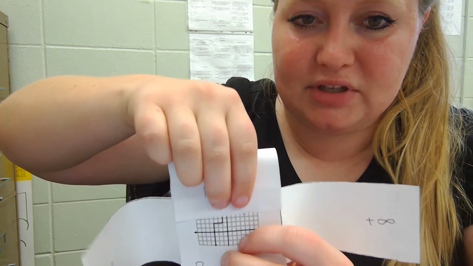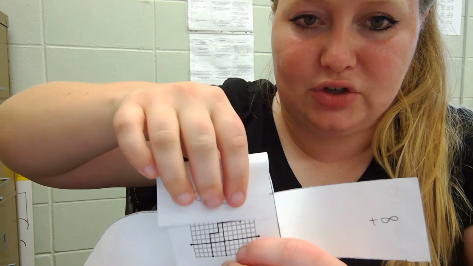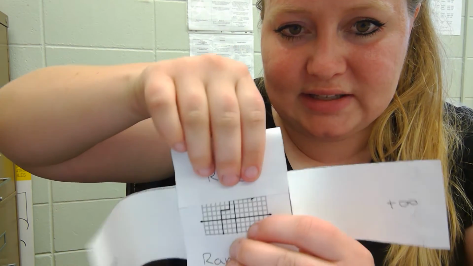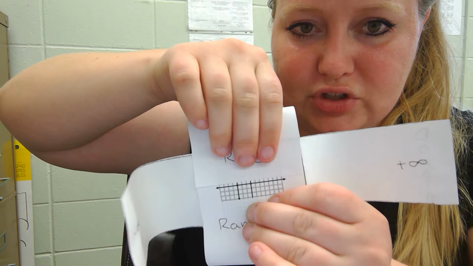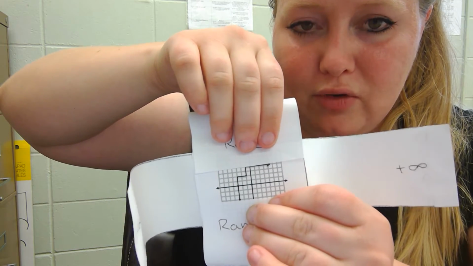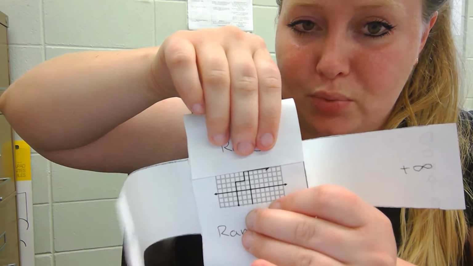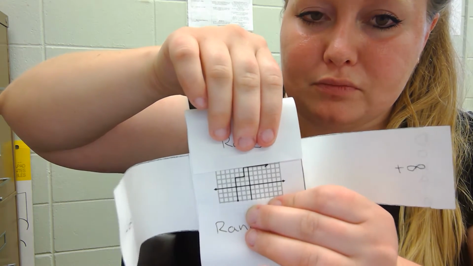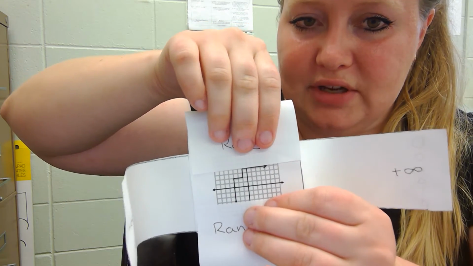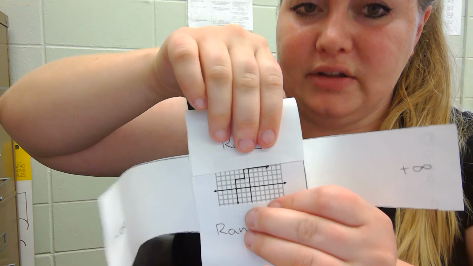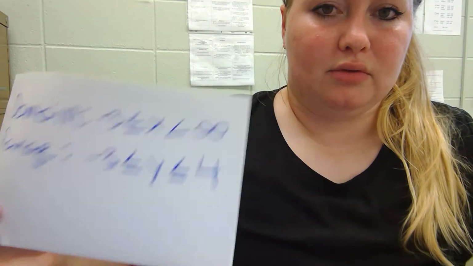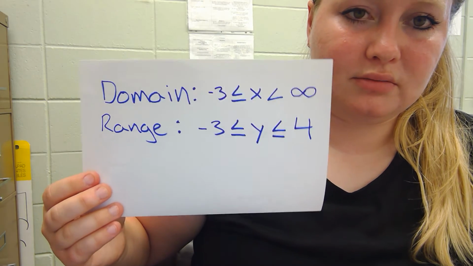The sideways arrow doesn't affect going up for the range, so I can just say it's exactly 4. Range starts at -3 and goes up to 4. If the arrow was pointing up, it would be different. So range is -3 less than or equal to y less than or equal to 4. And I wrote that down. You would write it exactly like this.